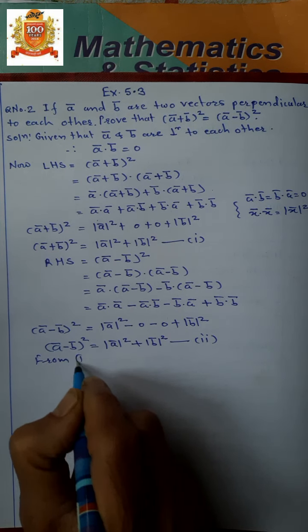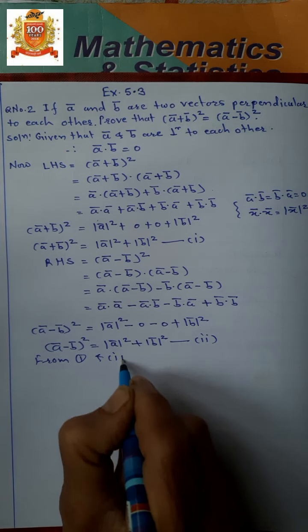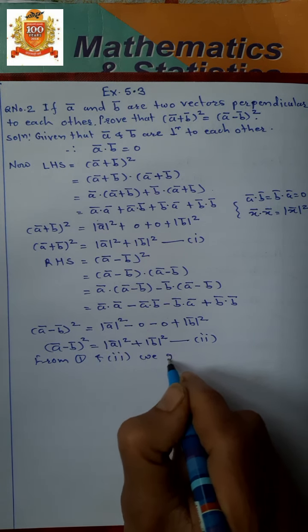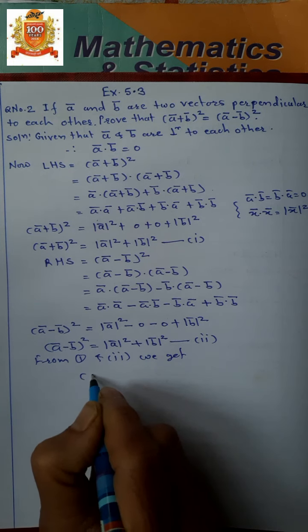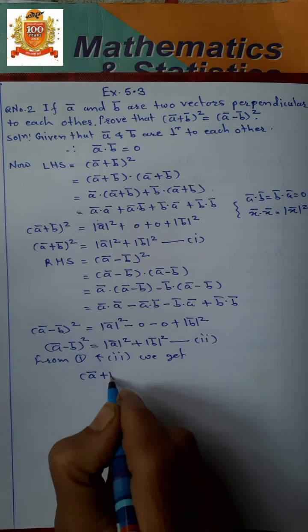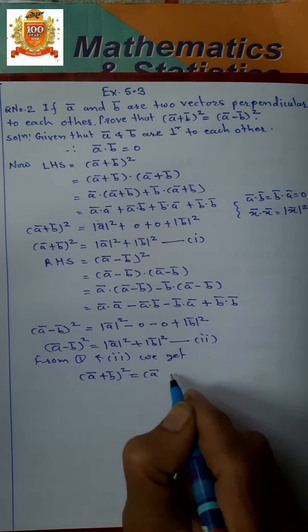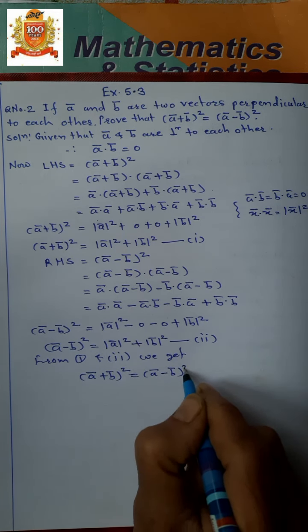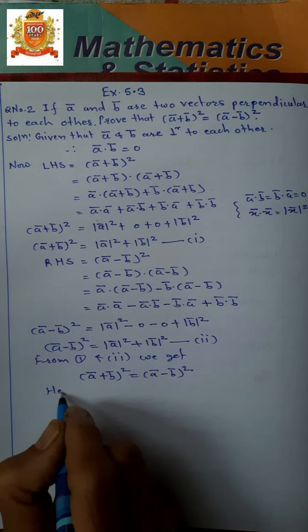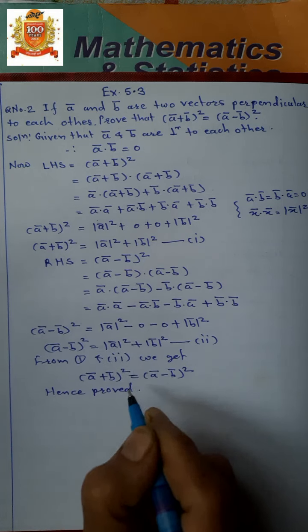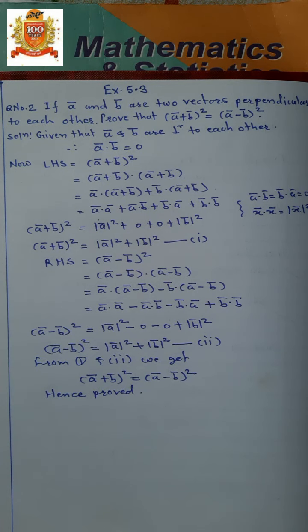From 1 and 2 we get (a bar plus b bar) whole square is equal to (a bar minus b bar) whole square. Hence proved. In this way we can prove this question, isn't it?